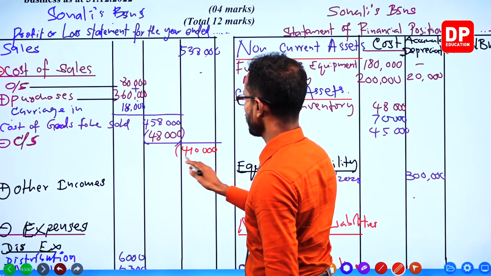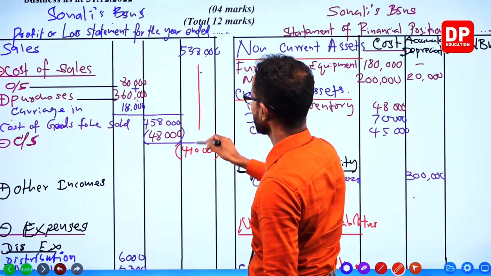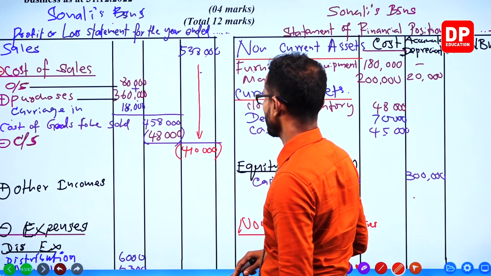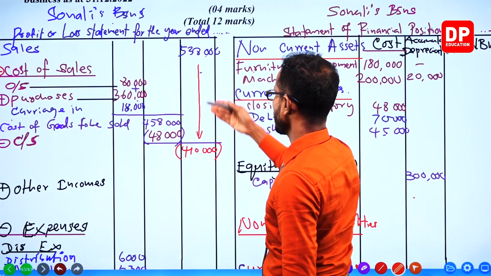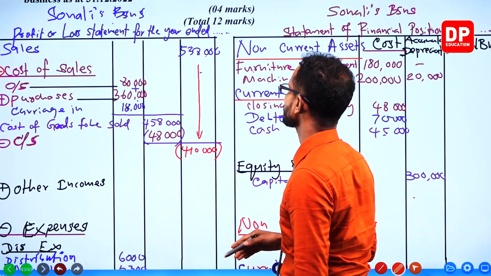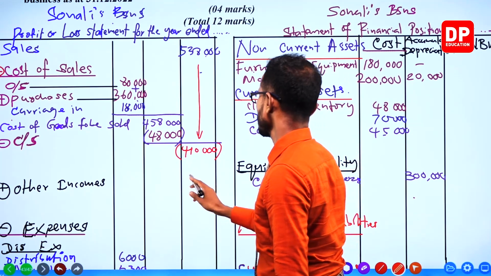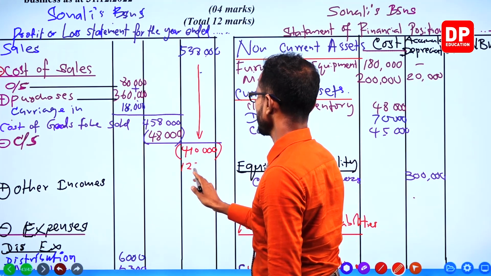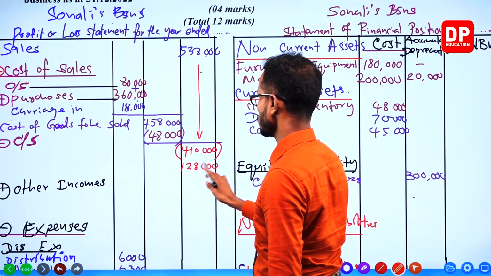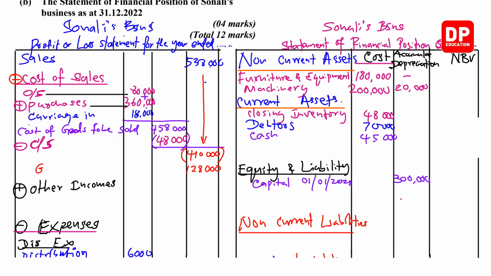You minus this from sales, 410,000. 538,000 minus 410,000, it's 128,000. That is the gross profit. Here we go, gross profit.